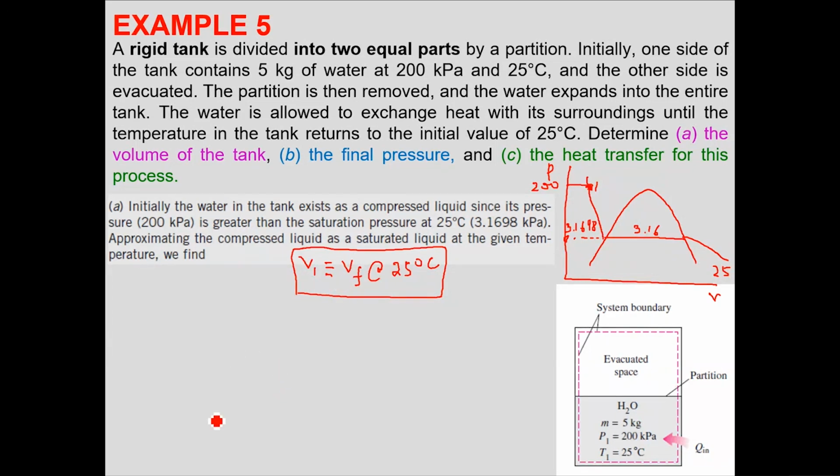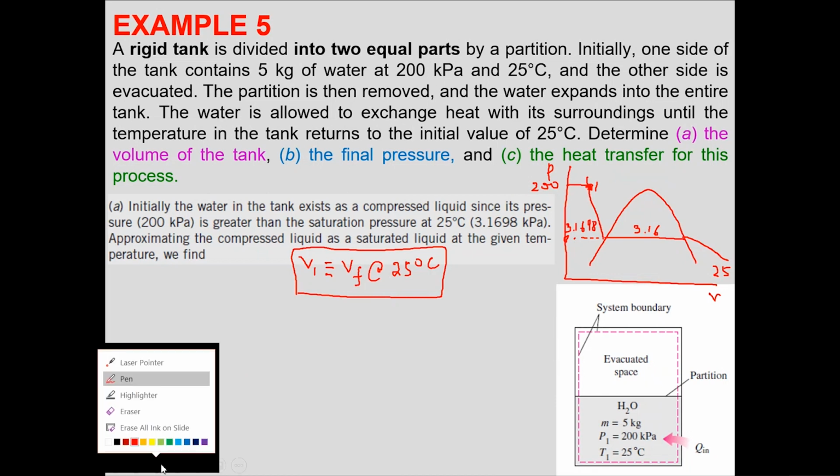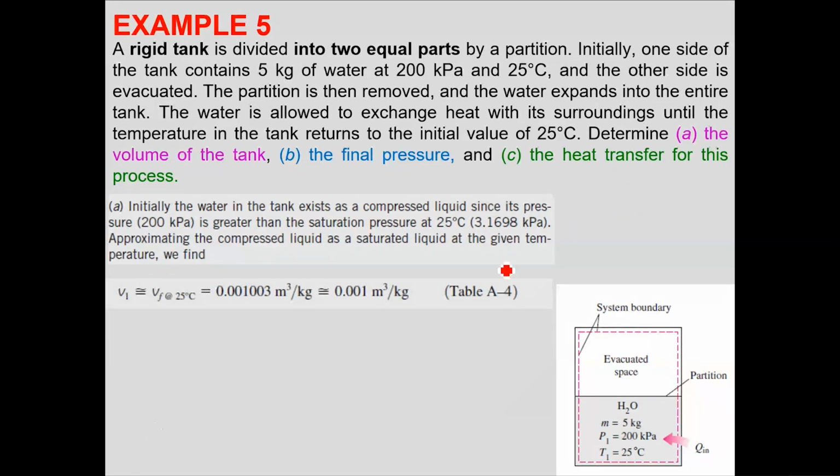For this approximation, you have to use table A4. In table A4, for 25 degrees centigrade, you will use the value of Vf, and that comes out to be 0.001 meters cubed per kg.